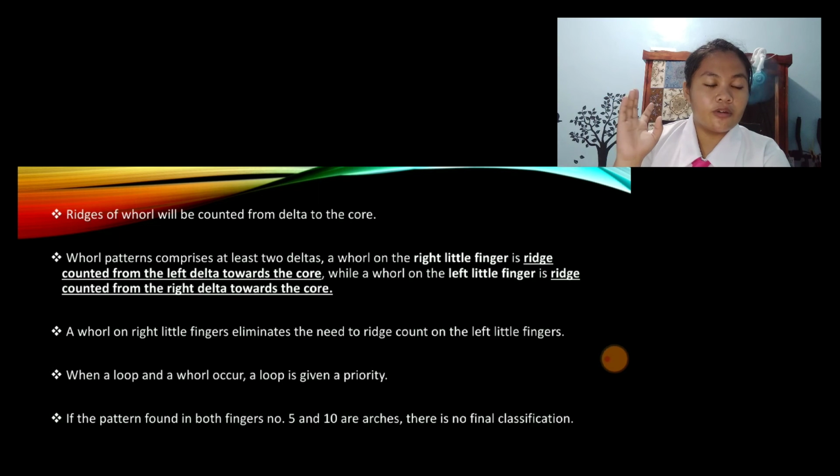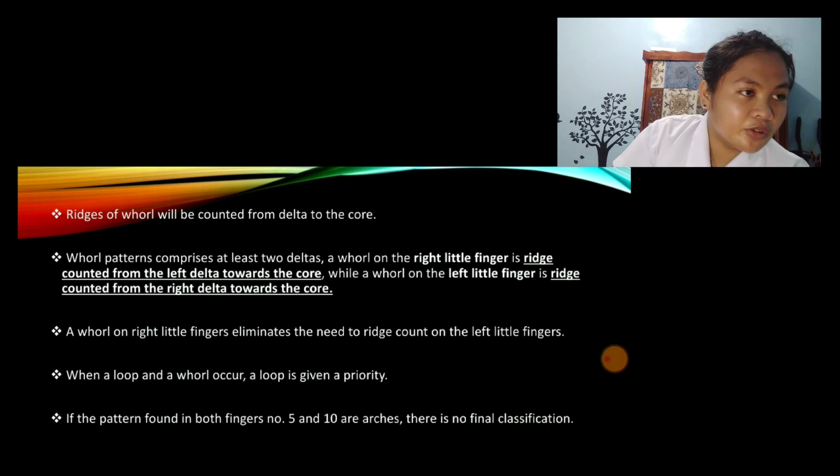If a whorl pattern appears on both fingers, it will be ridge counted. So it is from the delta to the core.